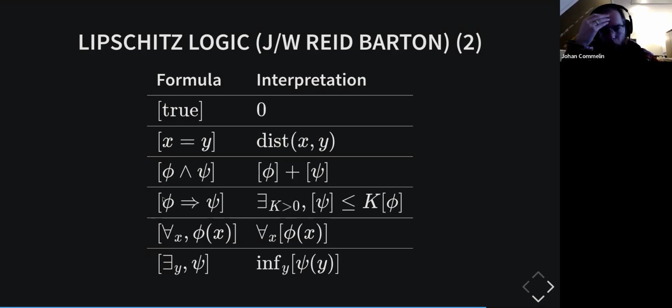Because the interpretation of this is no longer actually going to be a landscape. It's not a function on a metric space, but you take the left-hand side and the right-hand side. Those are going to be 2 landscapes, and we're claiming that one of them is less than the other.